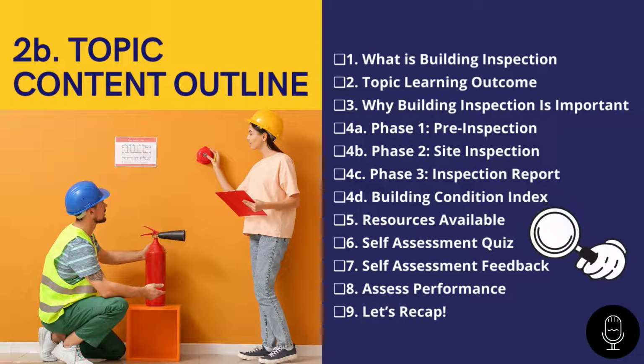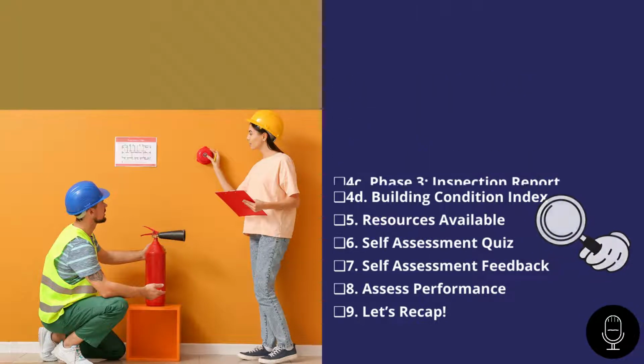Under this topic, we also cover the building condition index, and we provide resources, a self-assessment quiz and performance, and we are going to get feedback throughout the assessments, and lastly we will recap the discussion.